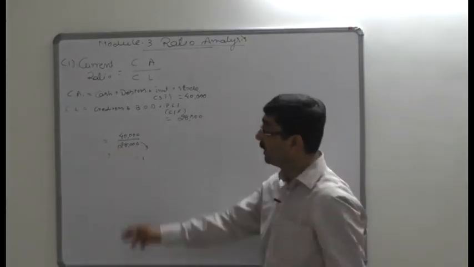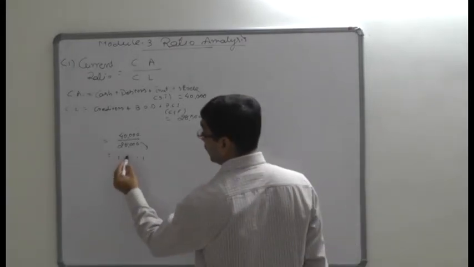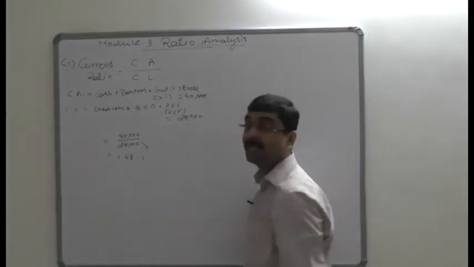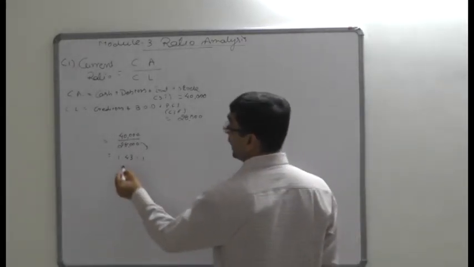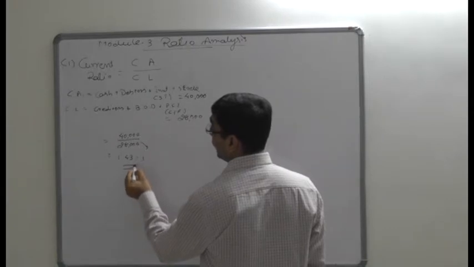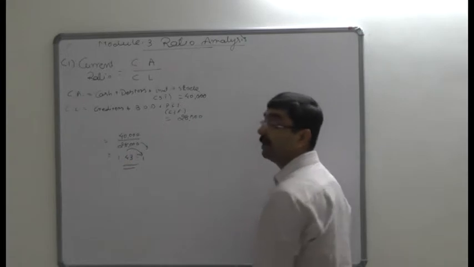So now when you compare this 40,000 and 28,000, according to the answer, that comes to 1.43 is to 1. 1.43 is to 1 shows that the company has current assets 1.43 times the current liability.